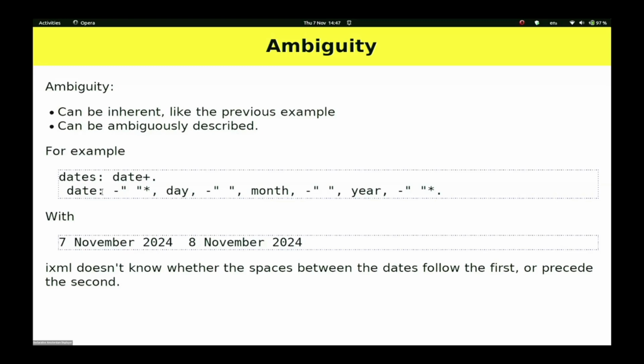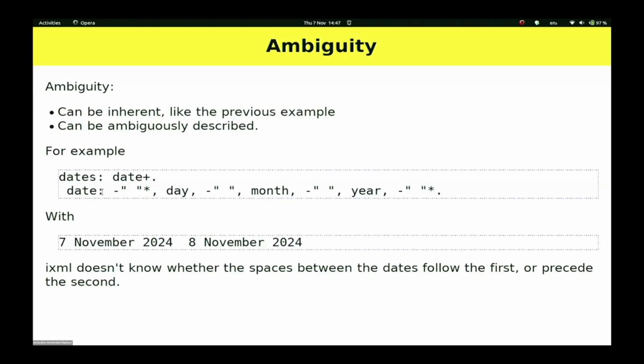Now, it is true, because I've deleted all the spaces, that in both ambiguous cases, the output would be identical. But IXML doesn't know that, and in fact, to check it would take too much time. So it would just warn you that your grammar in this case is ambiguous, and that you should fix it.